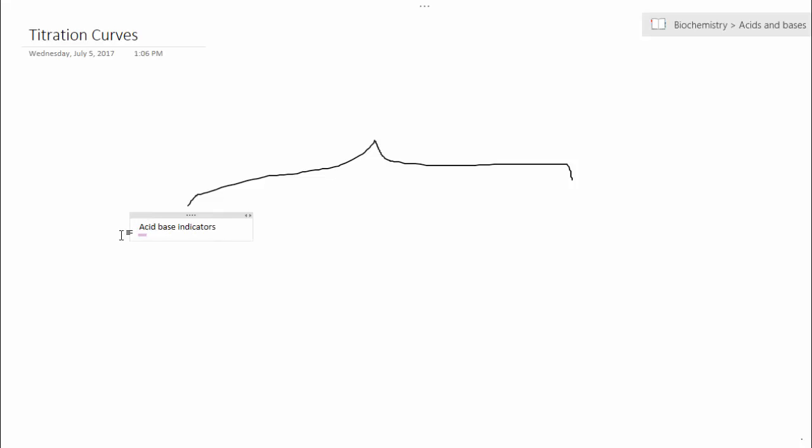These acid-base indicators are compounds that change their color at a certain pH range, and we want that pH range to include the equivalence point for that reaction. We're gonna discuss the equivalence point later in this video, and from the reaction we can find the concentration and maybe the Ka or Kb values that we want.